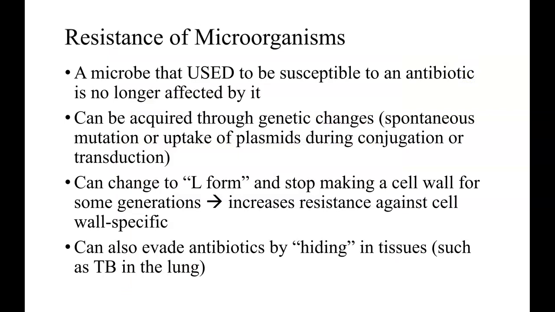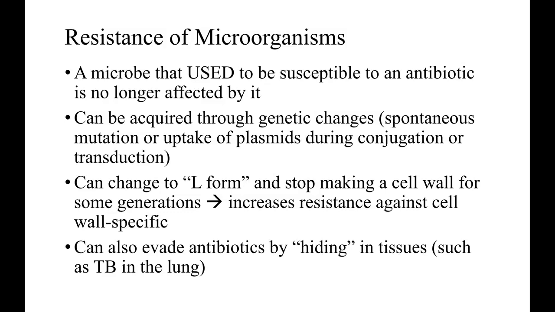So, resistance means that an organism that at one time was susceptible, that could be killed by that antibiotic, now that antibiotic no longer affects it. So, how does resistance actually happen? Well, through the previous chapters, we talked about increasing genetic diversity in bacterial populations.